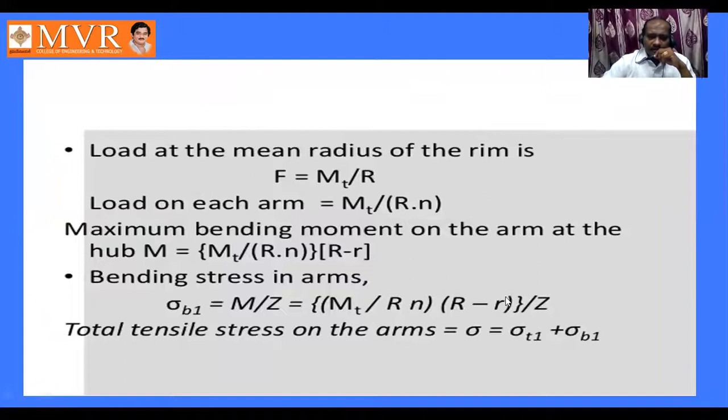By knowing the relation, tensile stress is equal to force by area. So force can be calculated, and area is nothing but B into T. And if you take volume, that is area into length. So stress can be calculated, meaning you can easily find the dimensions of this one.